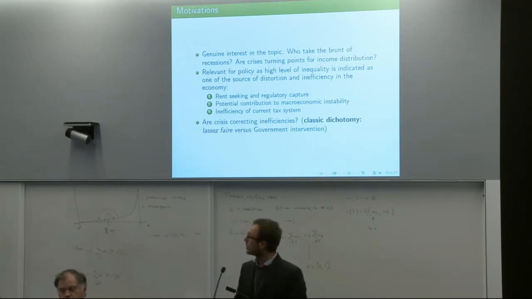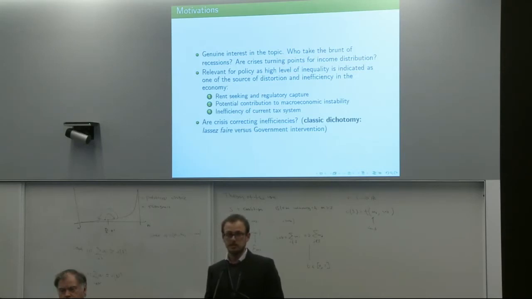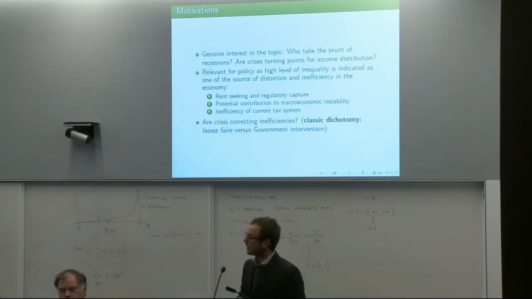So if we really believe that this high level of inequality is inefficient, and if we really think that major crises can be the manifestation of the self-correcting forces of markets, then we can rephrase our questions, building on the contribution by Emma Rothschild yesterday night, and use another classic dichotomy, market versus government intervention, and ask whether systemic banking crises are correcting this inefficiency or not.